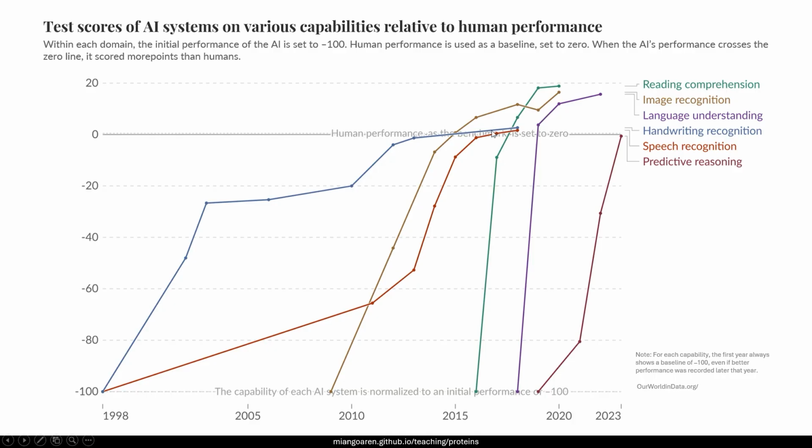Perhaps the only one that had already made considerable progress would be image recognition, using the architecture of convolutional networks. But until the appearance of the Transformer architecture, all these tasks had a boom, and even what we can see here as predictive reasoning is now already in this other part of the diagram, where they have a relatively good performance with respect to the capabilities of an average human.